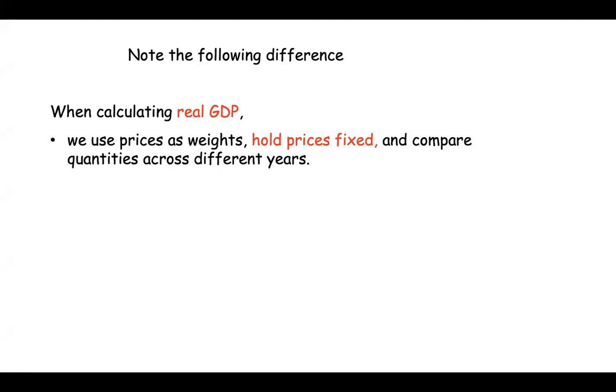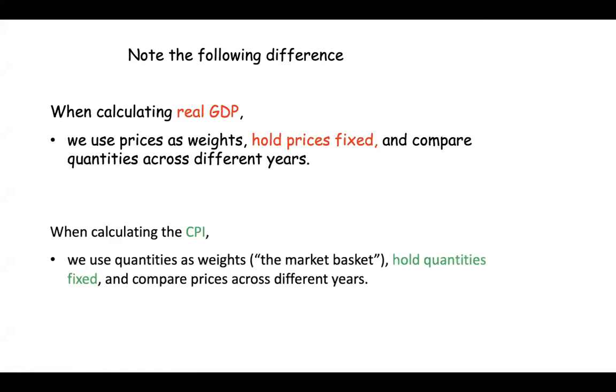And so we were keeping prices fixed from a base year and seeing what happened with quantities, because our goal is to see what happened with production, with the value of production over time, net of prices. Here, when we're constructing a price index, we're doing the opposite. We want to know what happened with prices. And so we're keeping quantities fixed. Those quantities are what we call the market basket.